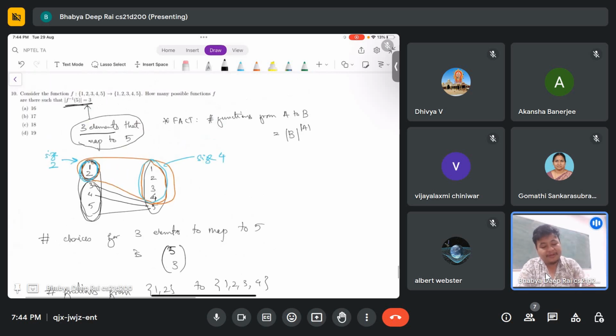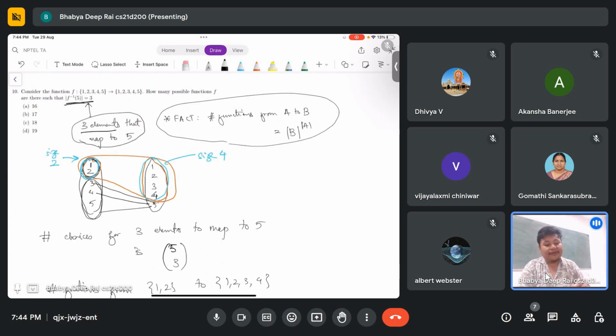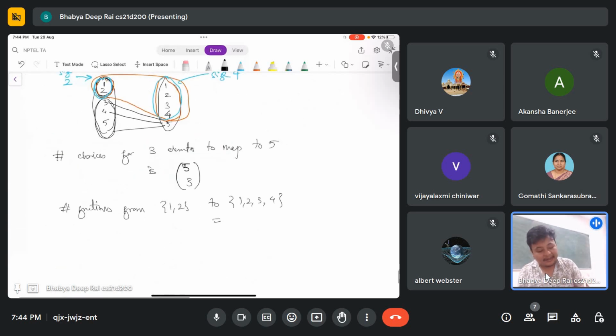is, now we use this fact: the number of functions from A to B is the cardinality of B to the power cardinality of A. For this case, this is my B and this is my A. So the cardinality of B is 4, to the power 2, which is equal to 16. Now I'm not done because I need to multiply this, the product rule in combinatorics.